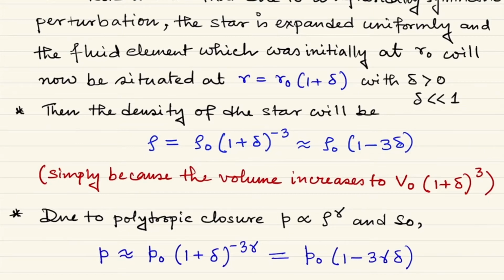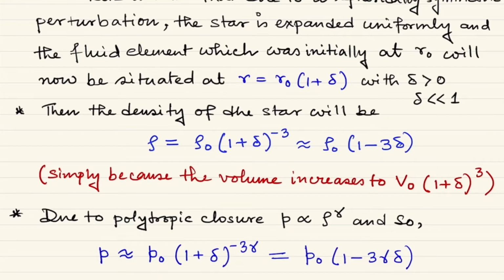Now we have assumed polytropic closure. So if rho is decreased by this factor, P will be decreased by this factor to the power gamma, and that's exactly what I have written over here, times the initial pressure.